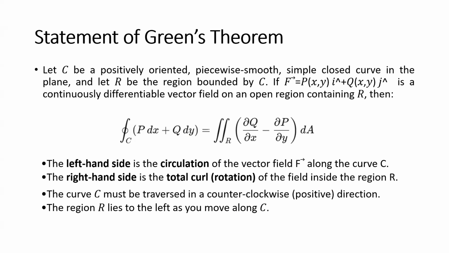The statement of Green's theorem. What is the statement? It says that let C be a positively oriented piecewise smooth simple closed curve in the plane.